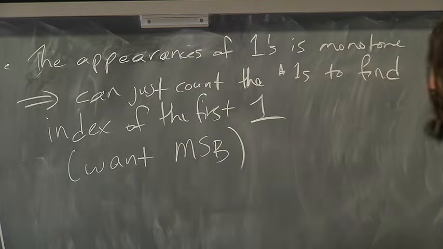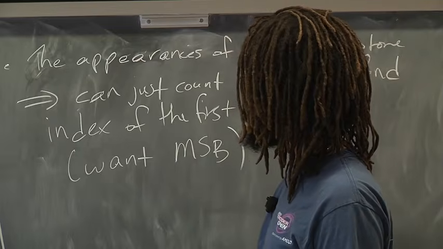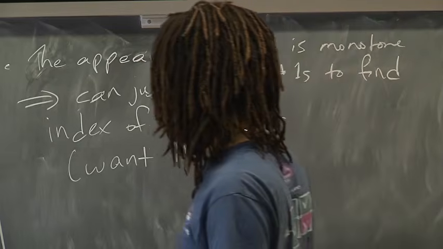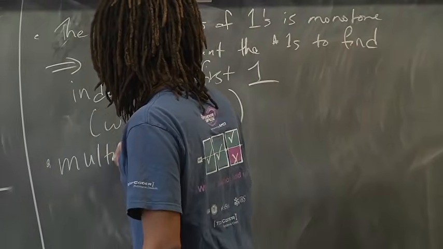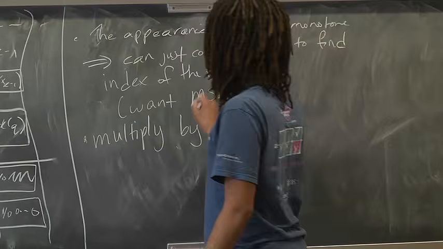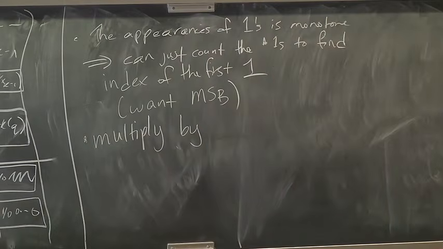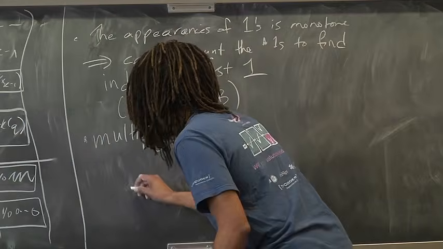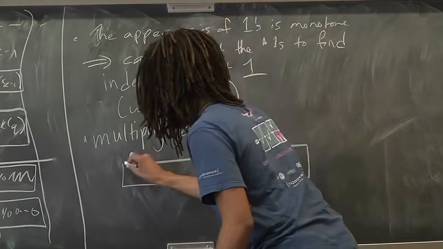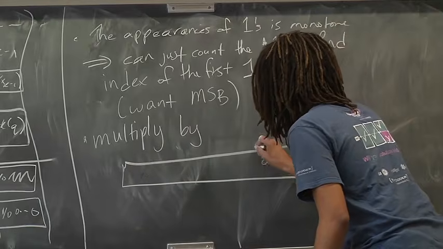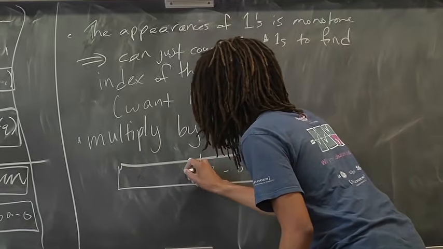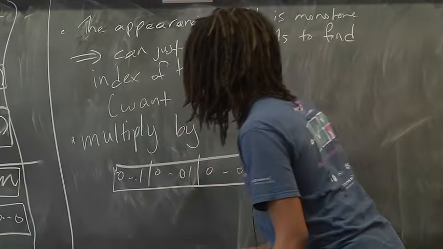What we're going to do is multiply by this thing: 1, 0, 0, 1, 0, 0, 1, 0, 0, and then 1, 0.